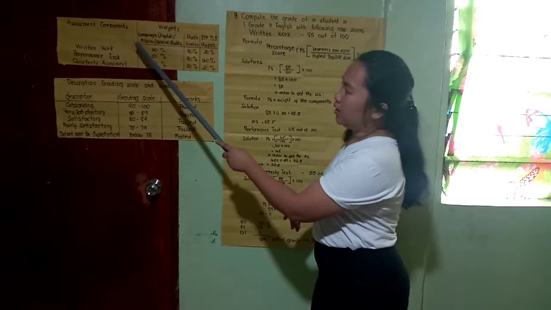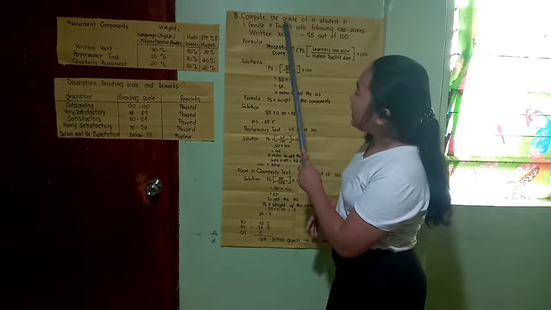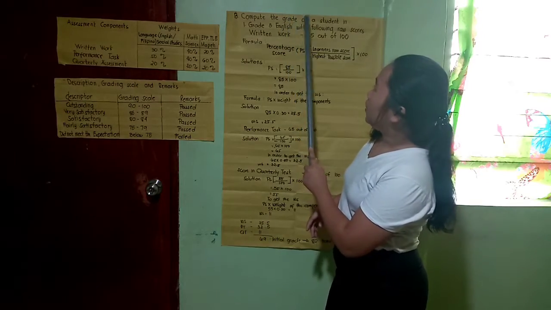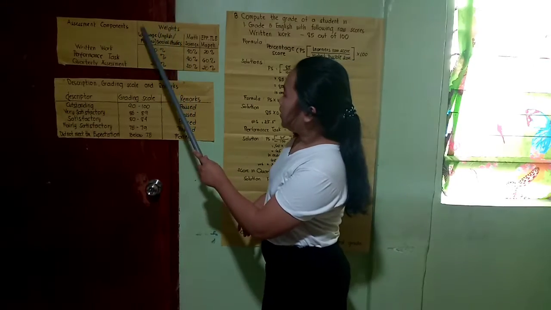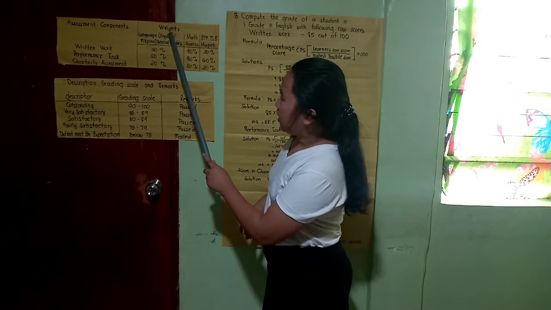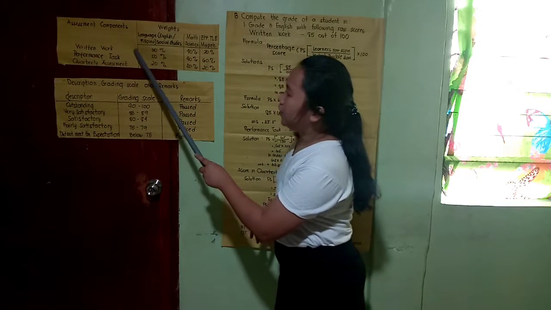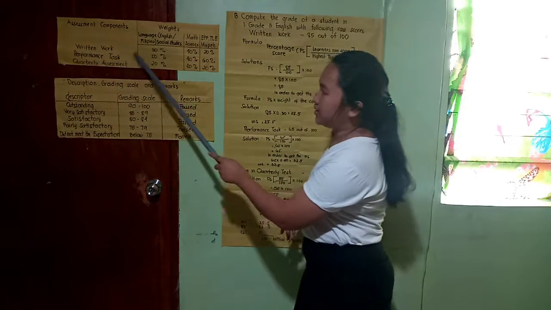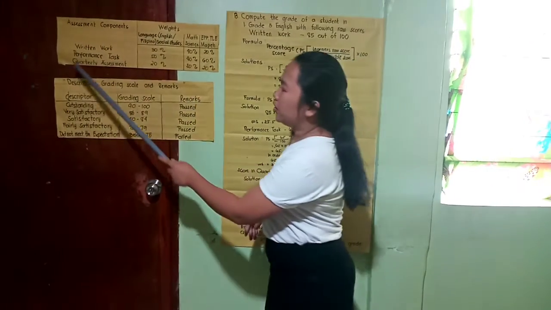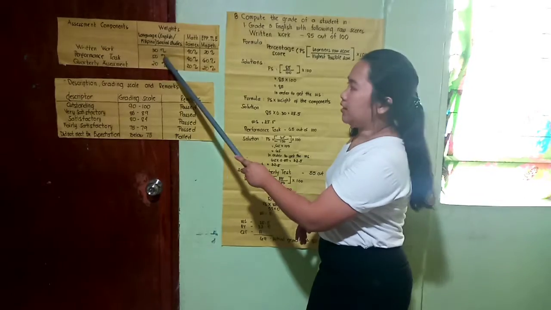Since we're going to compute the English subject, the weight of components in English is: written work 30%, performance task 50%, quarterly assessment 20%.